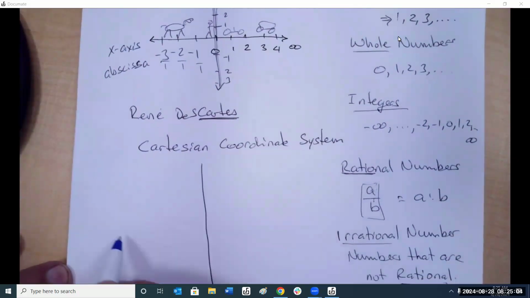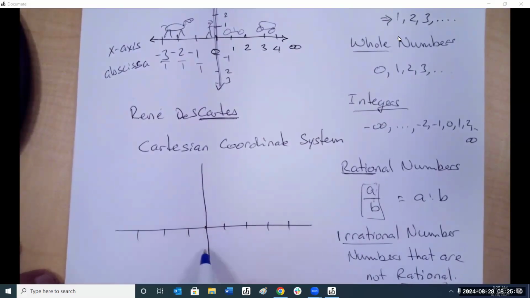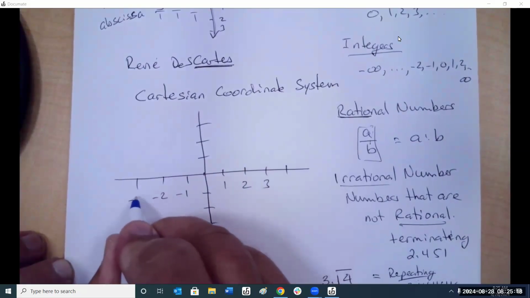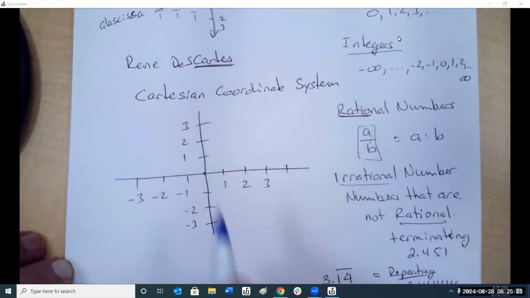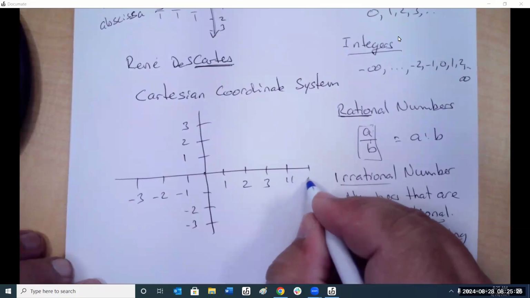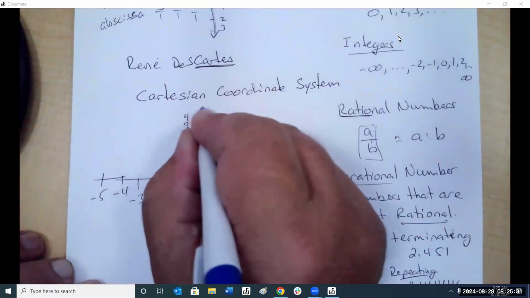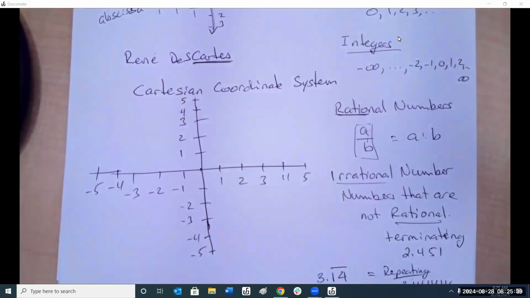So now in the Cartesian coordinate system, to the right is positive, to the left is negative, down is negative, up is positive. If you ever see a military movie and you hear them say, "I read you 5 by 5."